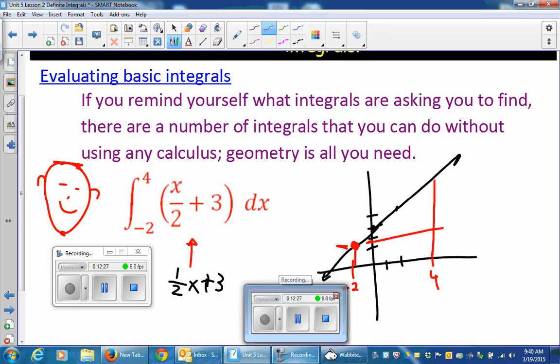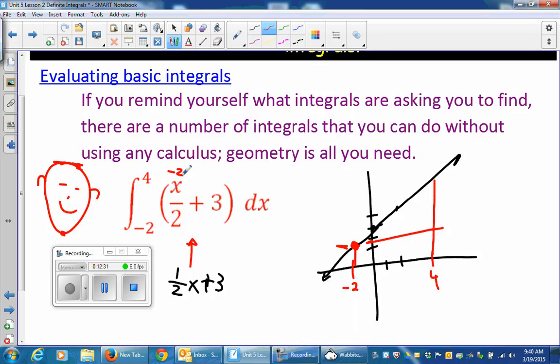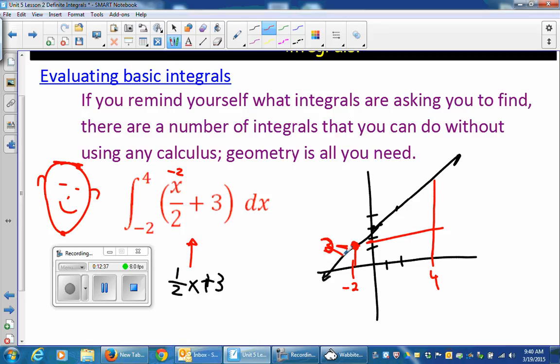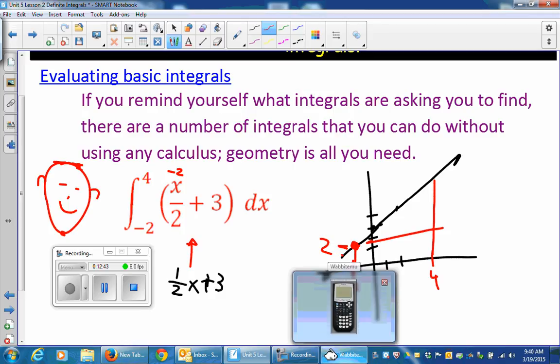Plug in -2. -2 over 2 is -1, plus 3. Okay, it is 2, my bad. We got that on the recording. What about this one up here?